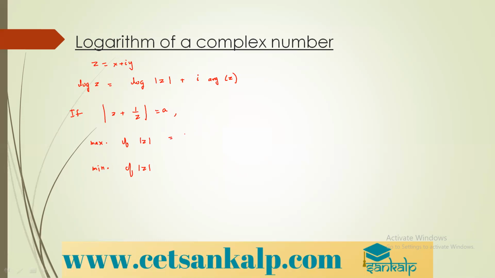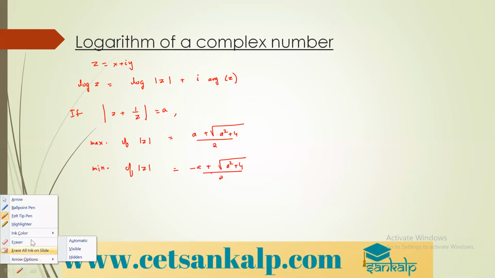Just take A plus square root of A square plus 4 by 2, and minus A plus square root of A square plus 4 by 2. This I will show you with the help of one example.